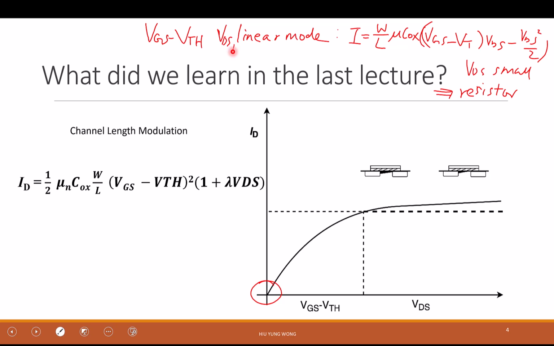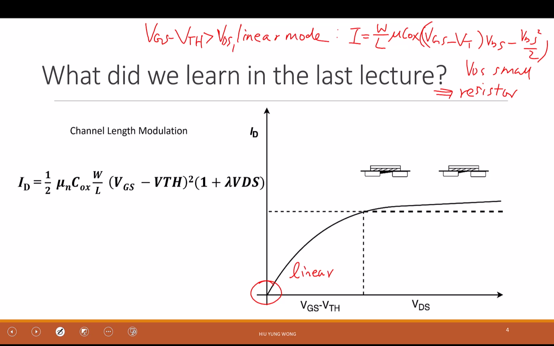When the VDS is small, then it's a resistor. Then probably you think VDS must be small, right? So it means that you want the VGS minus VTH to be larger, right? Because when it's small, then I will be larger than you. So that is a way to help you memorize.